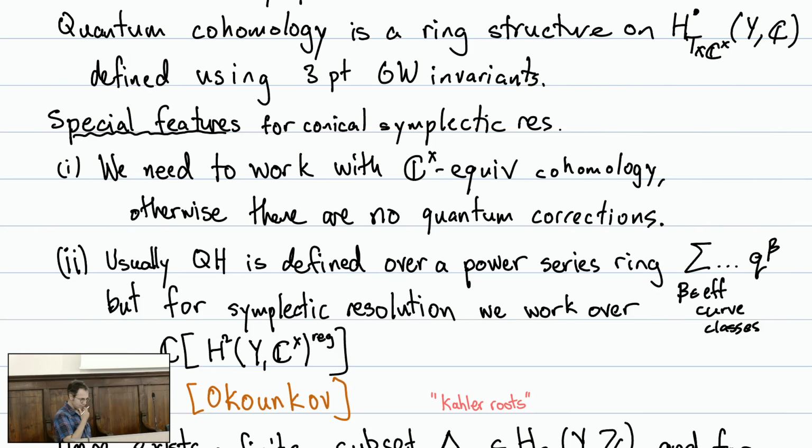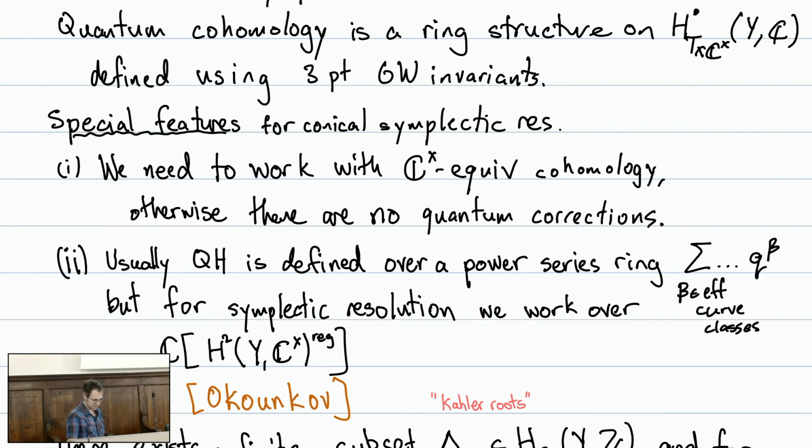But for symplectic resolutions, these infinite sums can be, at least conjecturally, turned into rational functions. And rather than working over this power series ring, we can work over a certain ring of rational functions, which will turn out to be functions on this space here. I'll come to this part in a little bit. So that's the second feature.